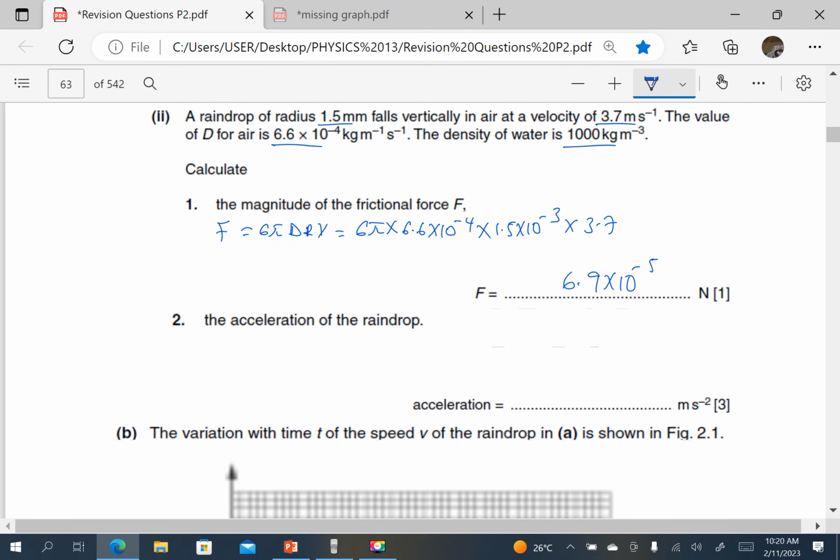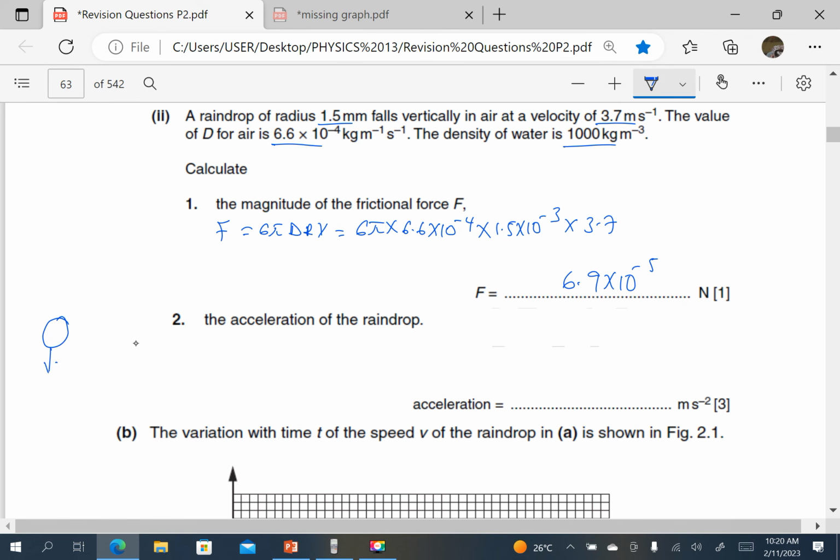Calculate the acceleration of the raindrop. Let's first look at the raindrop. The raindrop is falling downwards. Its weight, which is mg, is vertically downwards. And then the frictional force is going to be in the opposite direction, upwards.